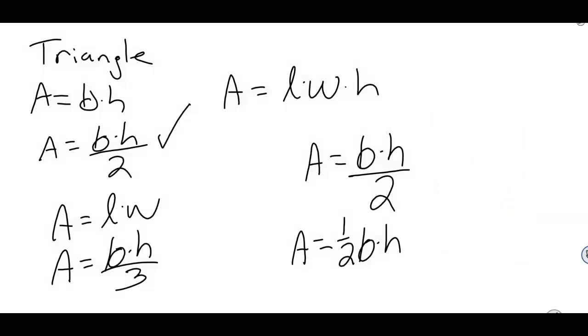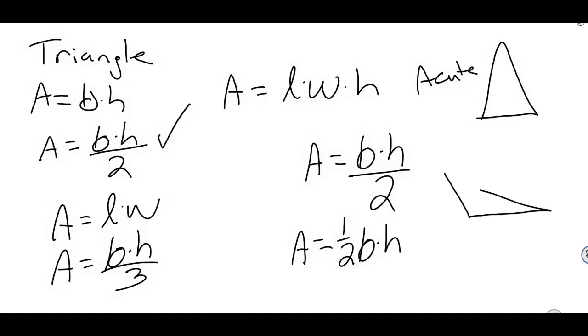Now, what if we have this type of triangle? How do you name that triangle? What type of triangle is it? Sam. This is an acute triangle. What type of triangle is this? Maddie. Obtuse triangle. Will these have the same formulas?